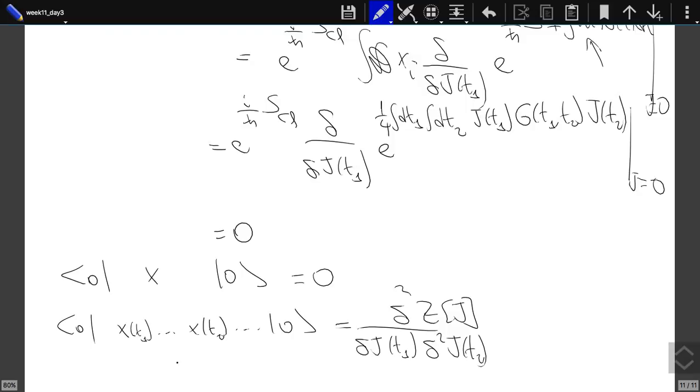The classical action for this path will also be 0. Well, this is nothing but G of t1, t2.